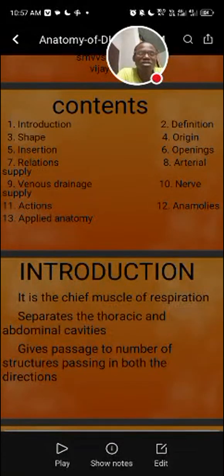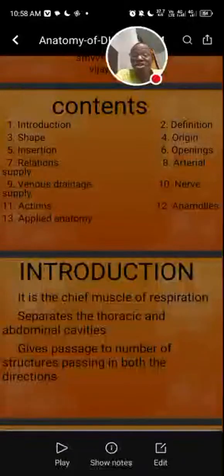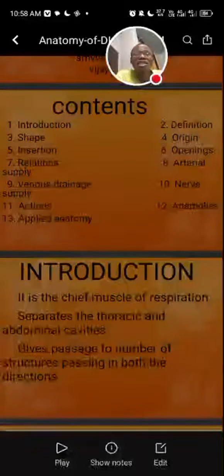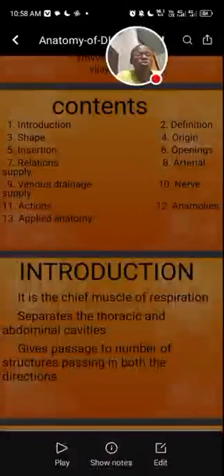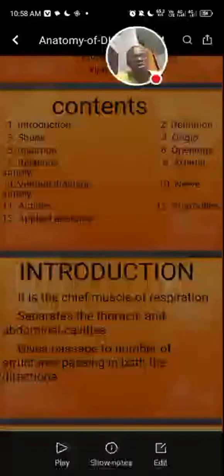If there's a superior phrenic artery, there's an inferior phrenic artery. The L stands for lower third posterior intercostal artery, both left and right. The I is inferior phrenic artery. The M is musculophrenic artery. The P in SUP is for pericardiophrenic artery.